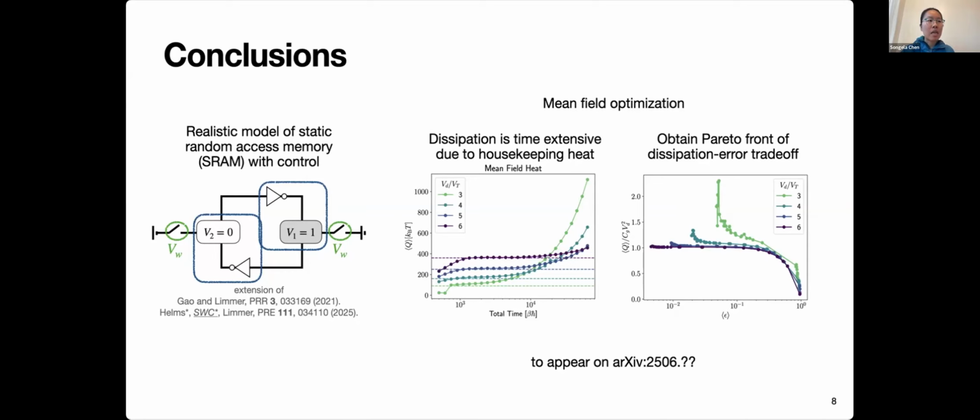For the housekeeping heat, I told you that depending on the level of the bias that we have, we get different amounts of housekeeping heat. So I guess the analogy would be how active is your brain.